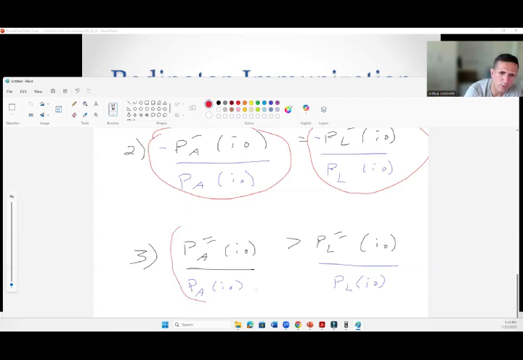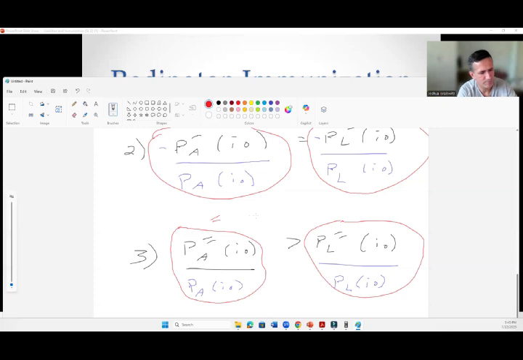Convexity is like a fancy word for two derivatives. If you take data science and machine learning, you might take an optimization course where we talk a lot about convexity. So this is the modified convexity of my assets.